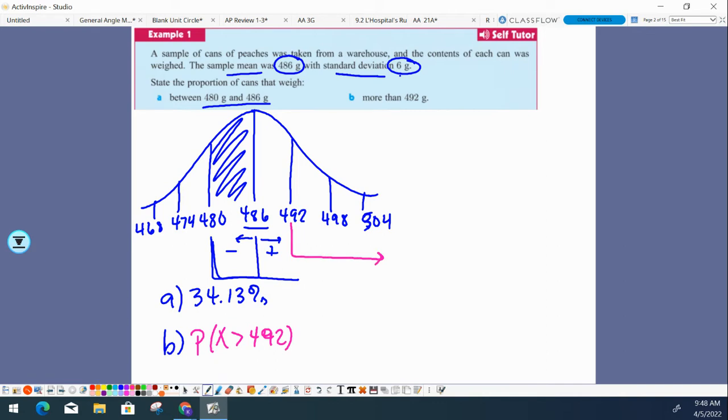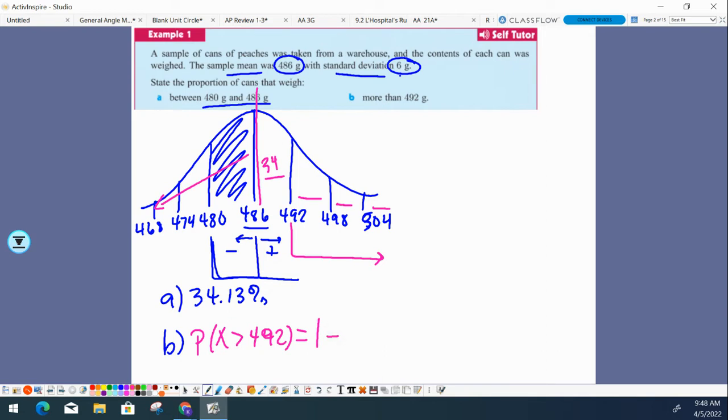Now, the way I kind of think of it, we can add this plus this plus this and get our answer. I also know this is 50% and this is my 34. So I could take 50, that's all of that, plus 34 is 84.13 with our exact values.